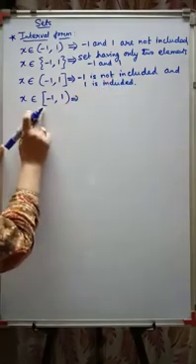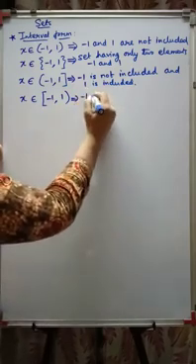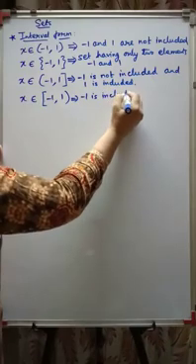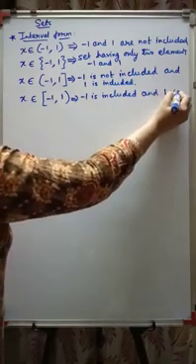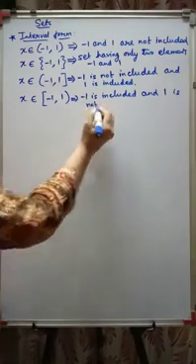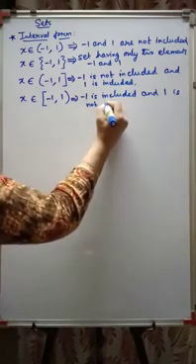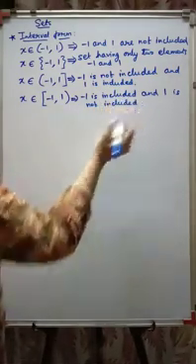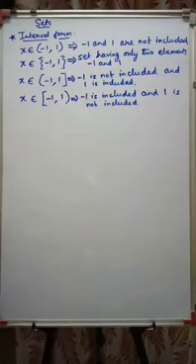Here again, this side is closed and this side is open, which implies -1 is included and 1 is not included.